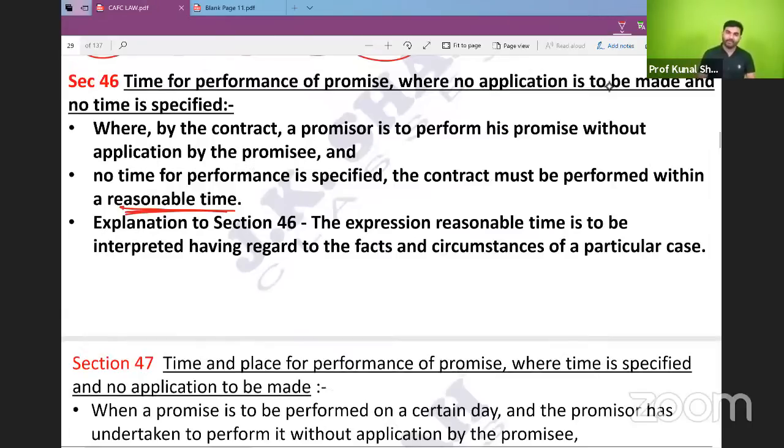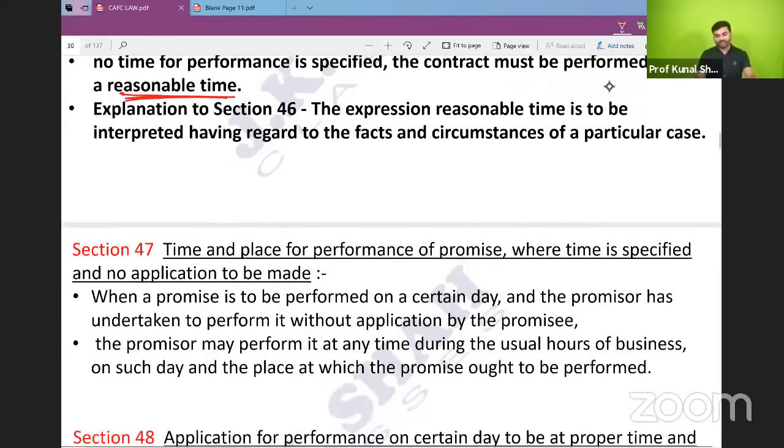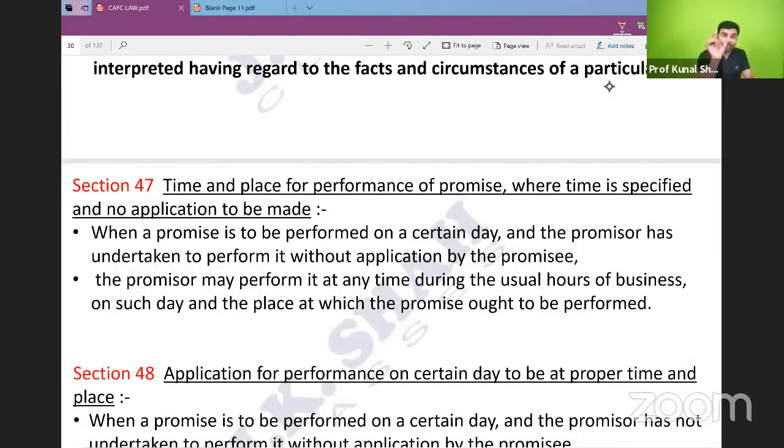Section number 47 says that the day of performance is specified, that on this day you have to perform. But on that day, at what time? Not specified. For example, Karthik and I entered into a contract, and it was specified inside the contract that Kunal Shah will deliver the car on 10th January. Okay, the day of performance is 10th January.